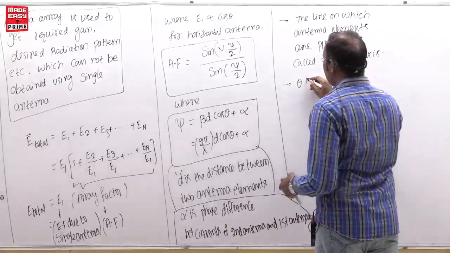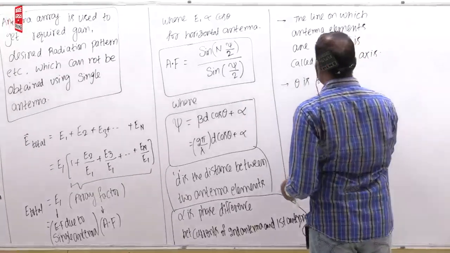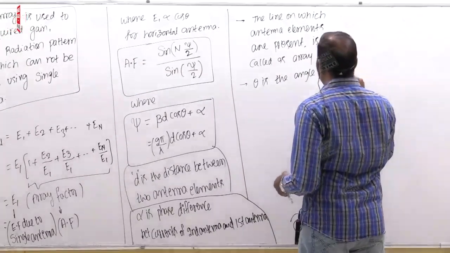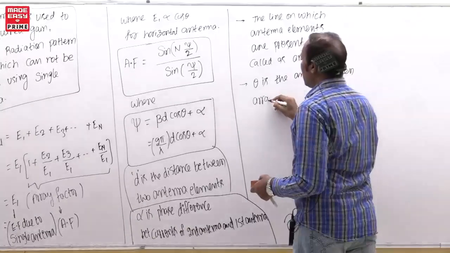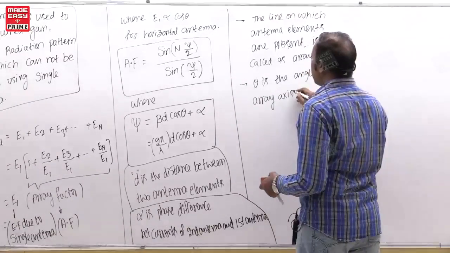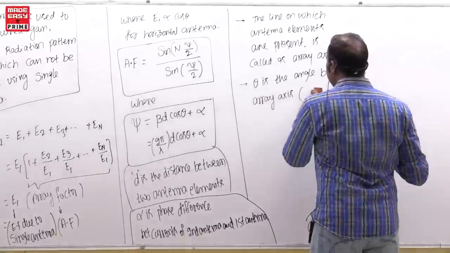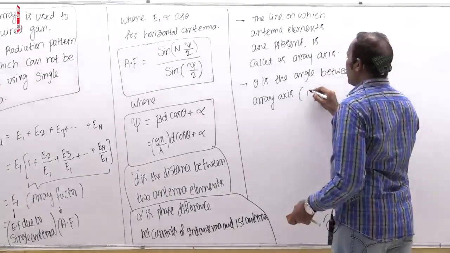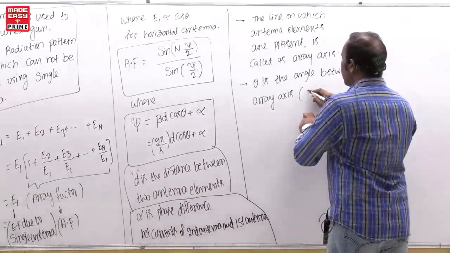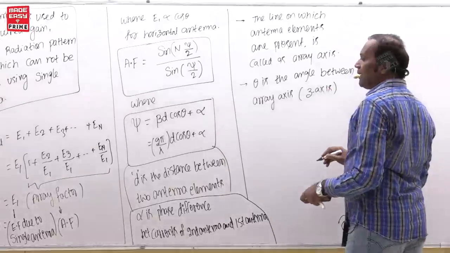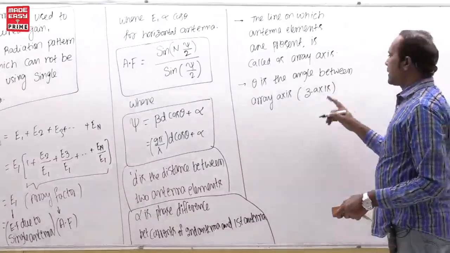Now theta is the angle between array axis. Here, example here z axis. In this case it is z axis, student. But anywhere if antennas are on the x axis, then that is x axis.